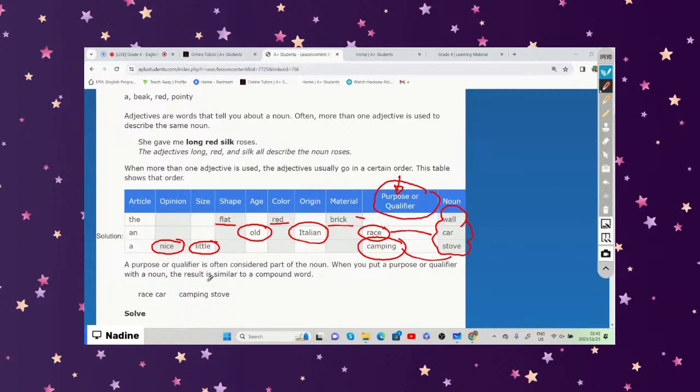And here we have an example of that: race car and camping stove. Even though it's two words, it's like saying race plus car is a race car. Camping plus stove is a camping stove. So these we call compound words, right?